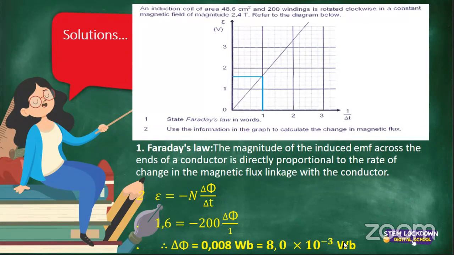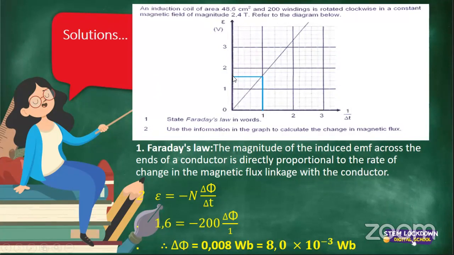So what is it that we know? We looked at the graph, and on the side of EMF, this is the EMF. You can see that this is 1, 1.2, 1.4, 1.6, 1.8, and then 2 volts.